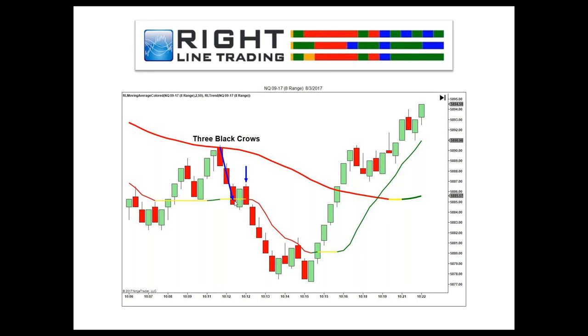And one of our first analyses was assessing the slope of the 50 and looking at whether or not the slope directly correlated with the ability to predict a roll off the 50 and a move back to the downside. And what we found is that there is no direct correlation. The slope of the 50 can be really, really high, and you can still get this move down and then a move right through.